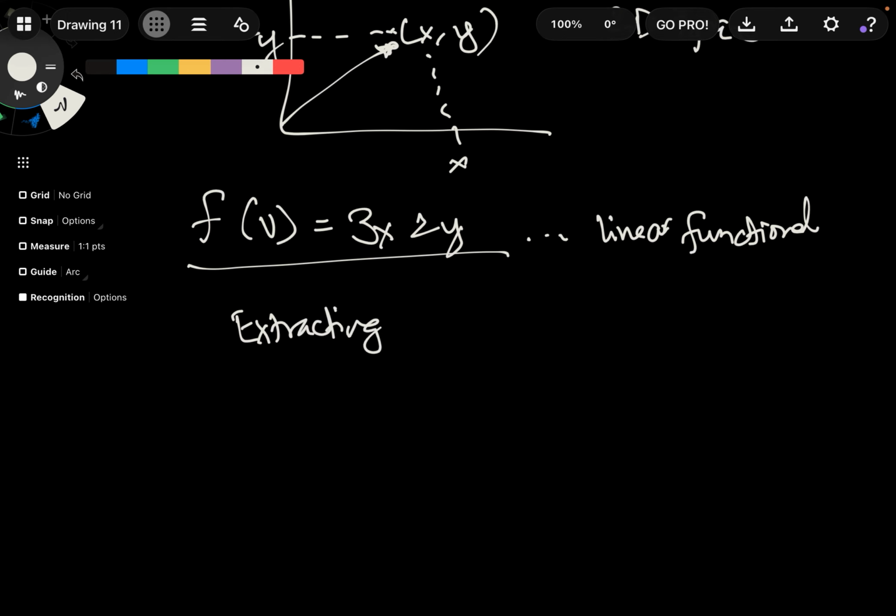3x plus 2y, my bad. You can change this. It's extracting a number using weights. You can change these weights. This could be 5, this could be 6, this could be whatever number you like. So it's basically asking how much of this vector lies in a certain direction.